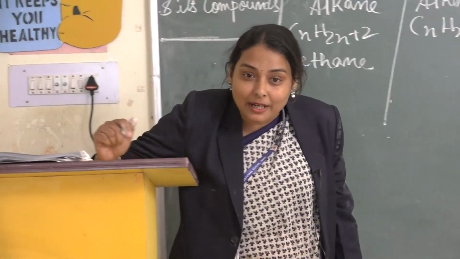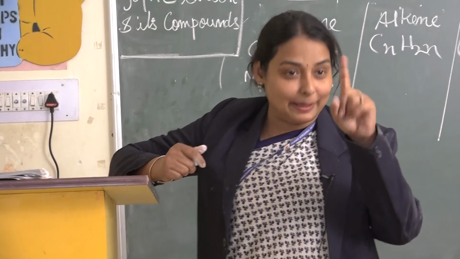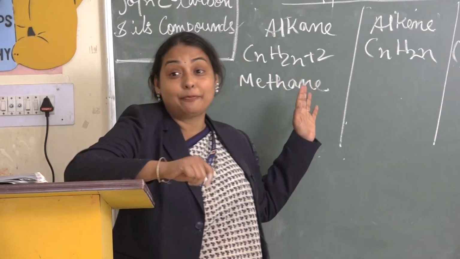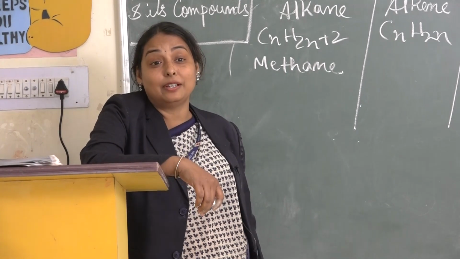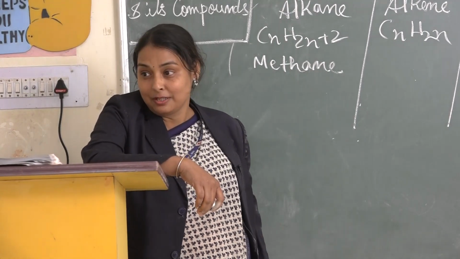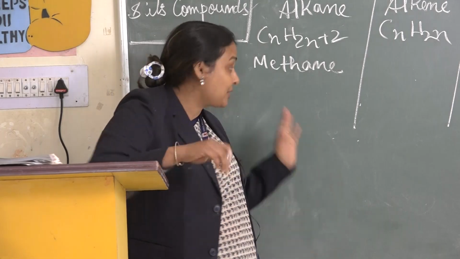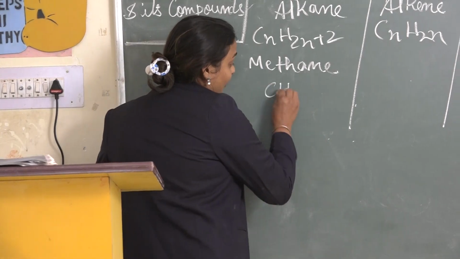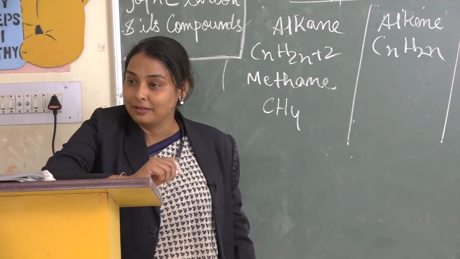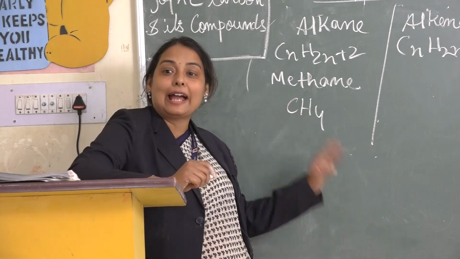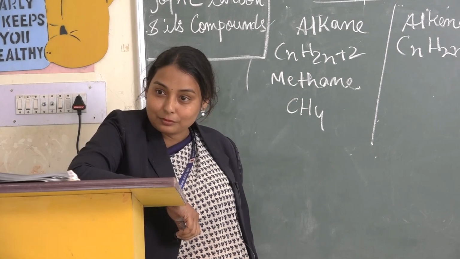When we form a compound, we also have to give the name of the compound. For that we should know, for example, if I say methane, you should know its formula. The simple formula of methane is CH4.